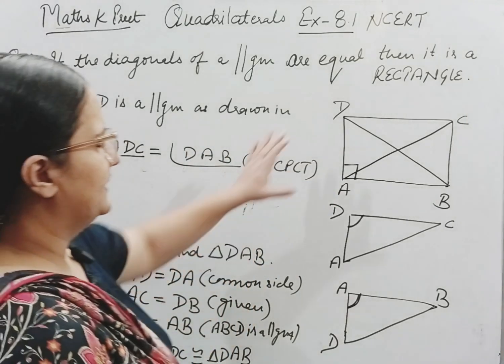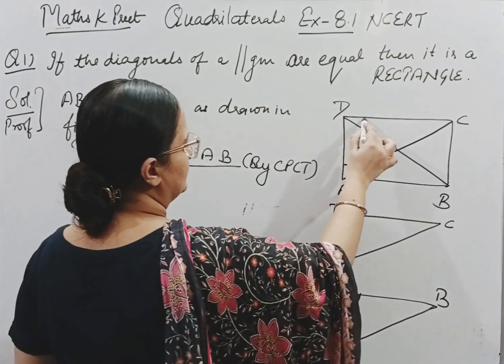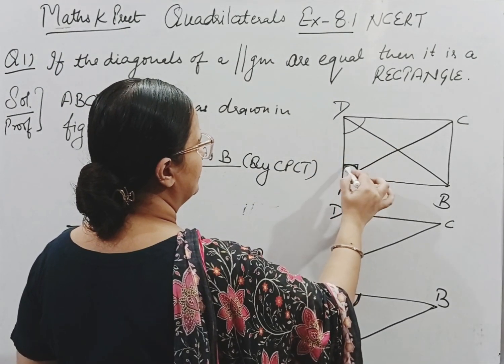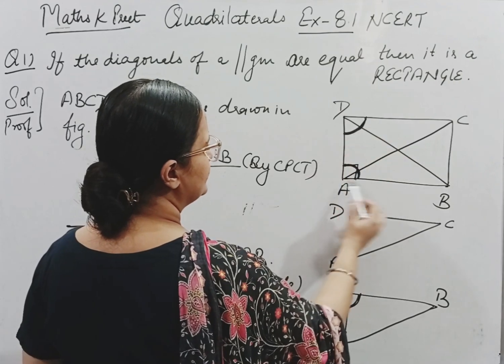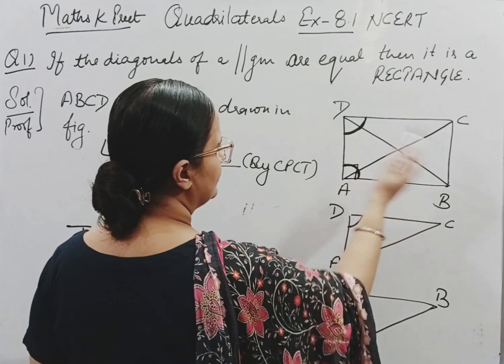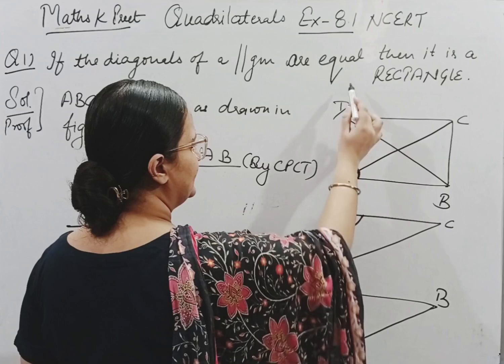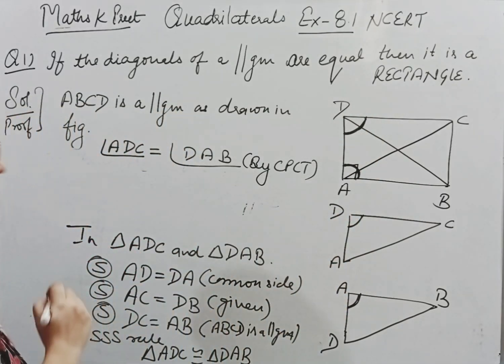Now see in this diagram, these two angles are equal. We know that AB and DC, or CD, are two parallel lines, and AD is intersecting as a transversal.